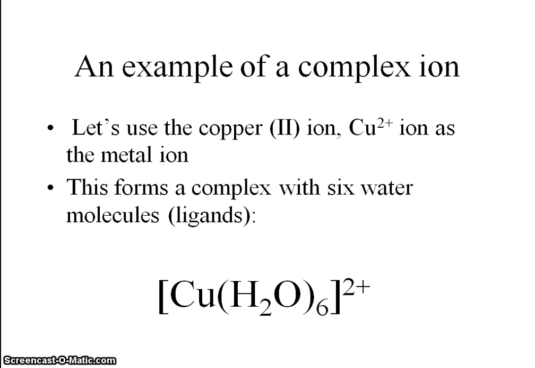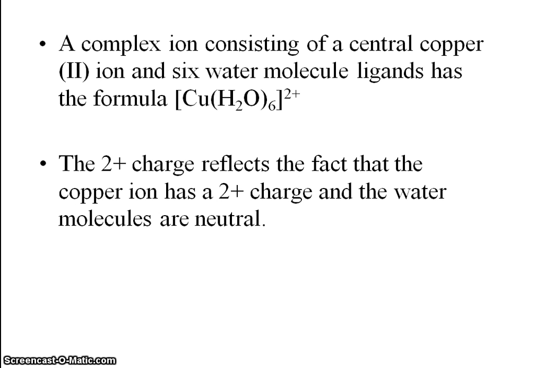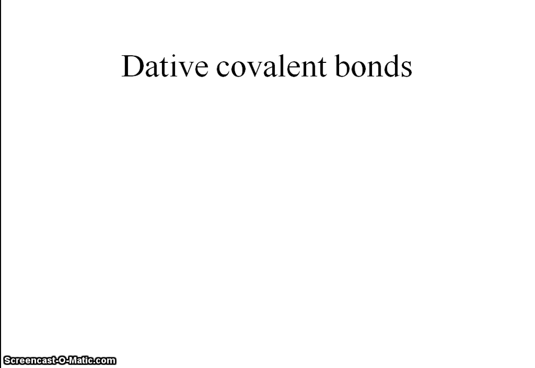Outside the square bracket we put the overall charge, the 2+ charge. With a copper 2+ ion and 6 waters which are neutral, the overall charge is +2. The +2 is due to the copper ion, and the water is neutral. So the overall charge is always placed outside the square bracket.